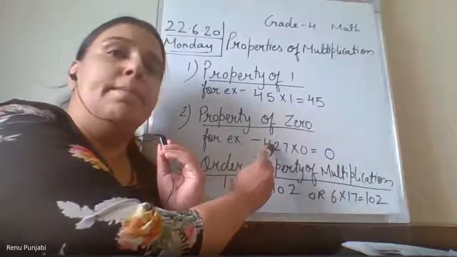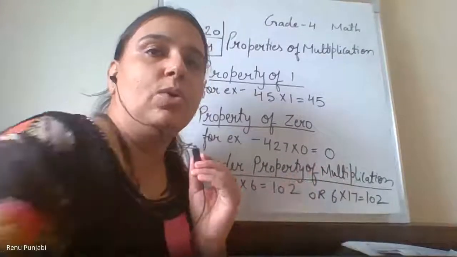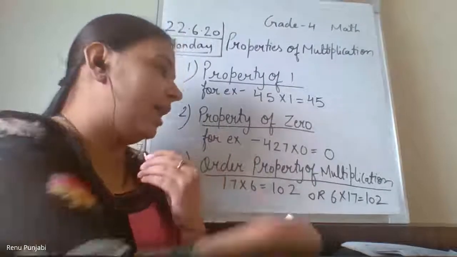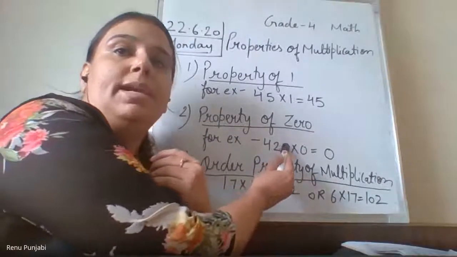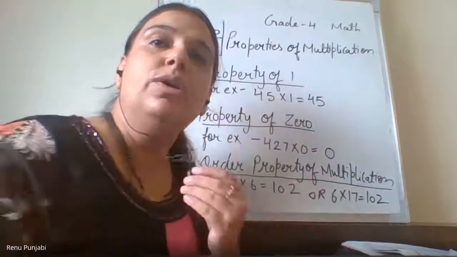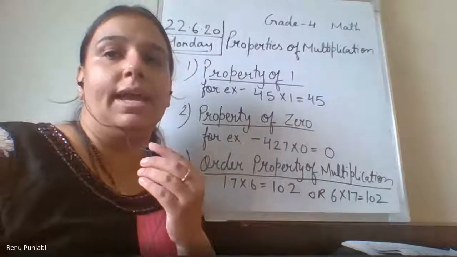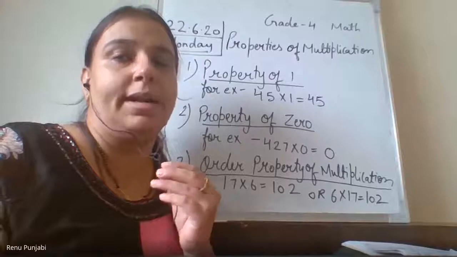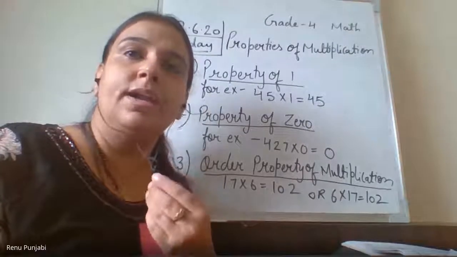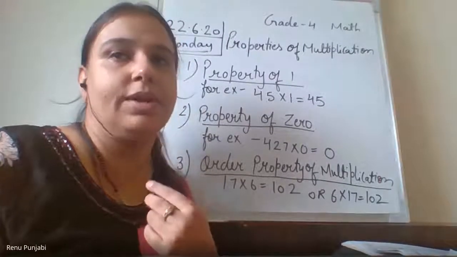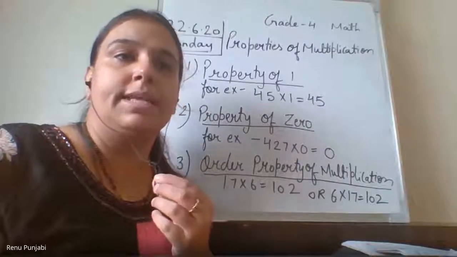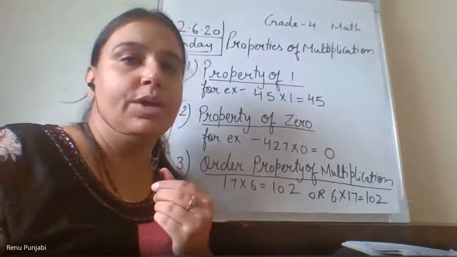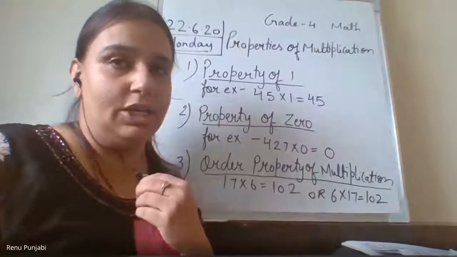For example, 427 multiplied by 0 gives you 0. You can take any number, for example, 327. So 327 multiplied by 0 gives you 0. This property states that any number multiplied by 0 gives the answer 0.